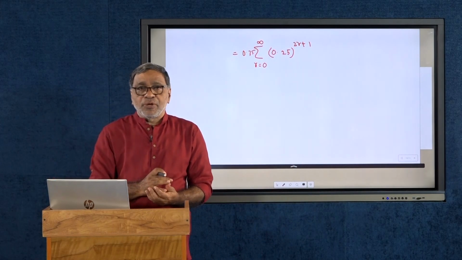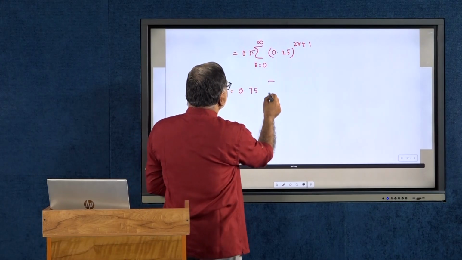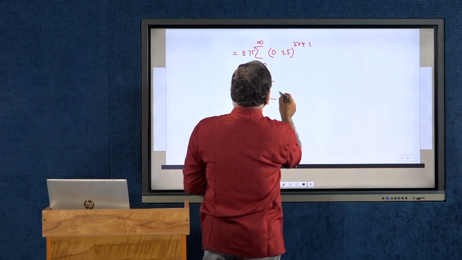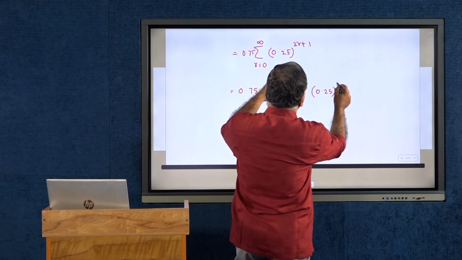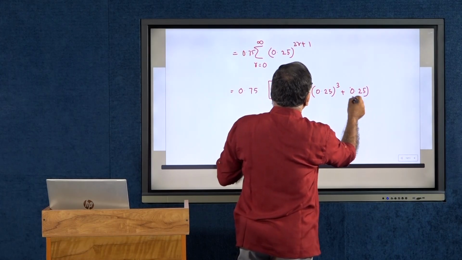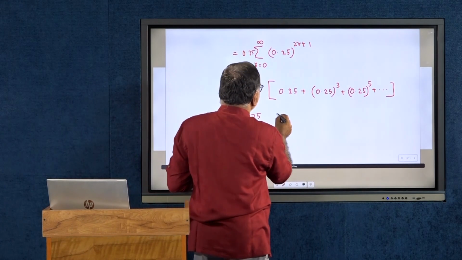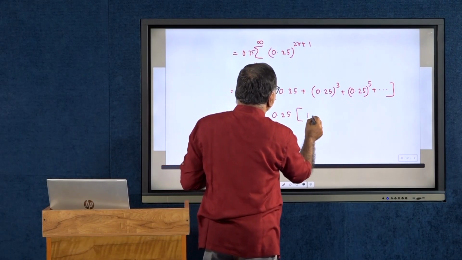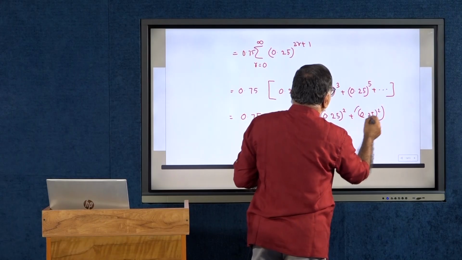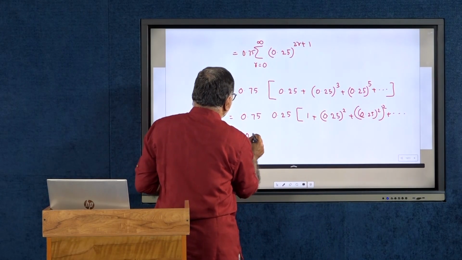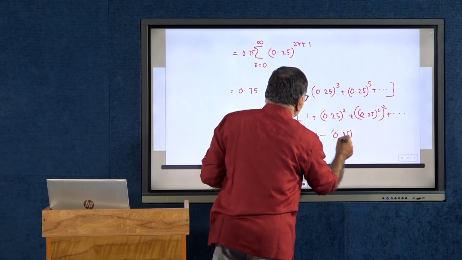Expanding, 0.75 into, for R equal to 0, 0.25, for R equal to 1, 0.25 cubed, then 0.25 to the power 5, plus etc. That is 0.75 into 0.25 times 1 plus 0.25 squared plus 0.25 squared to the power 2 plus etc. That is 0.75 times 0.25 times 1 minus 0.25 squared, to the power minus 1.